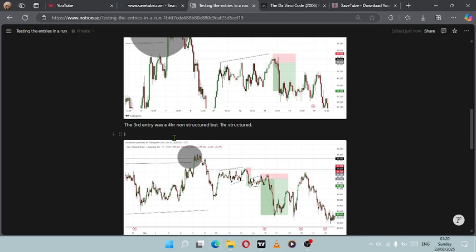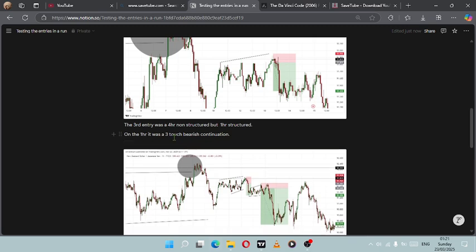So on the one, it was a 3-touch bearish continuation. So I took the risk entry and the reduced risk.